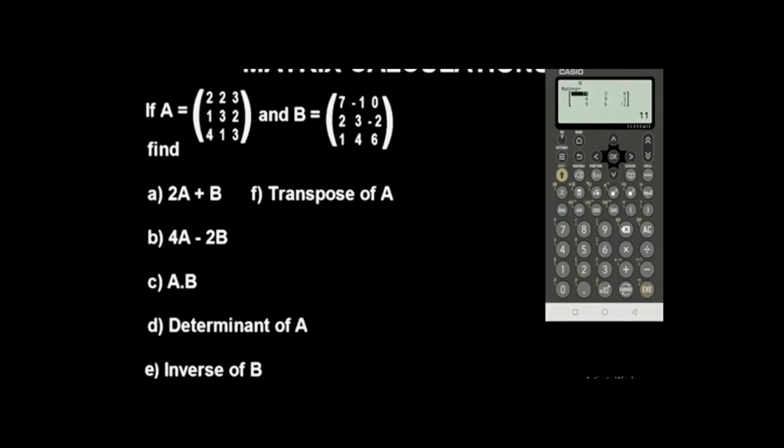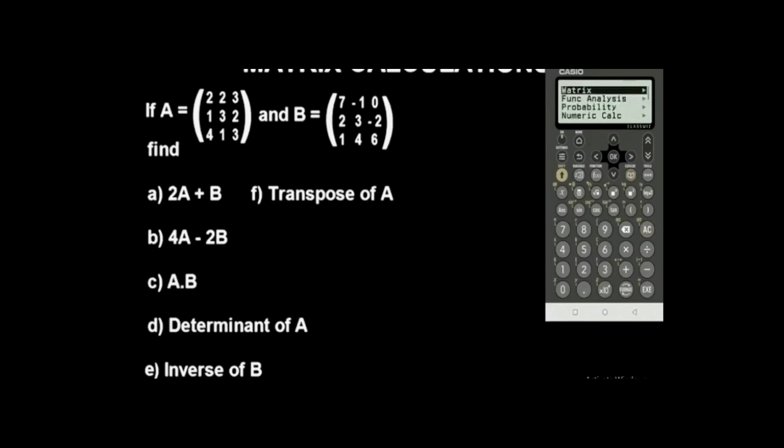Then for the B option, I'm looking for 4 Mat A minus 2 Mat B. Alright, so let's go away. Let's go to the catalog button.